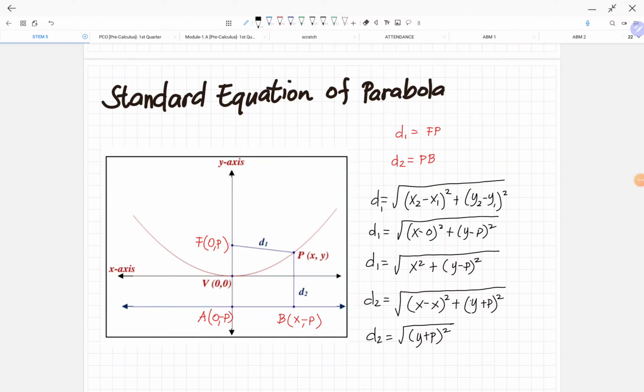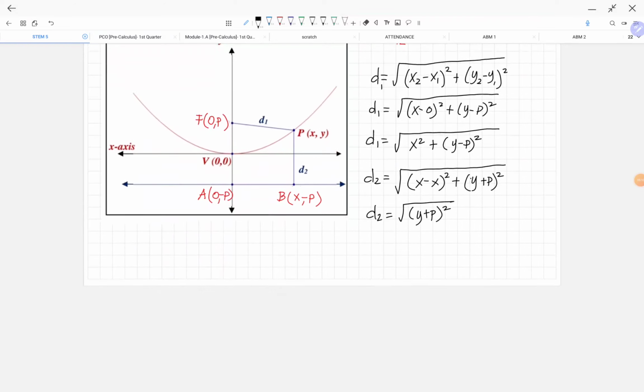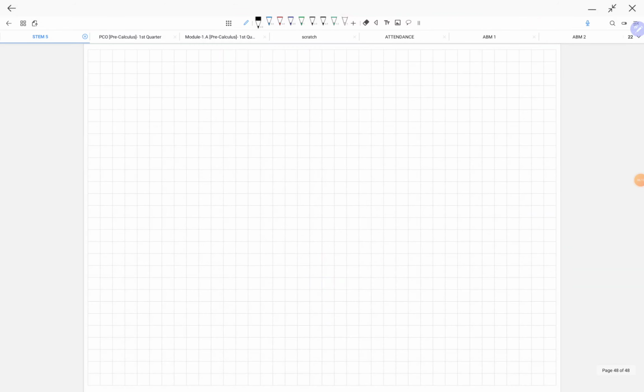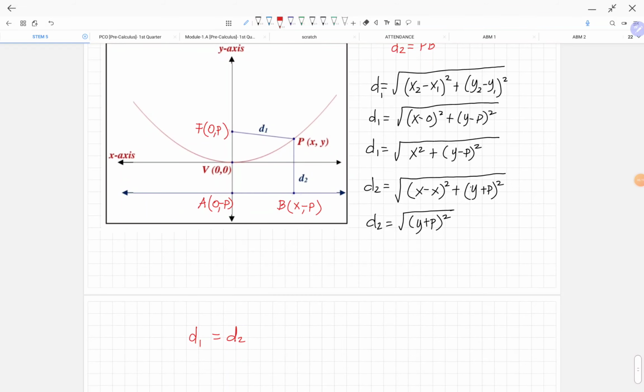So now, based again on the definition, d sub 1 is equal to d sub 2. So let's have that. Our value for d sub 1, so let's get d sub 1.